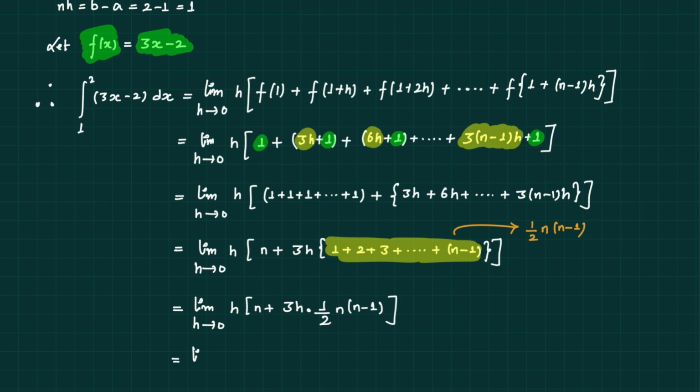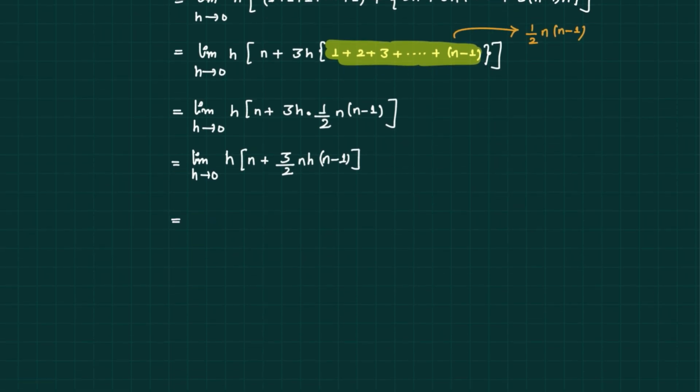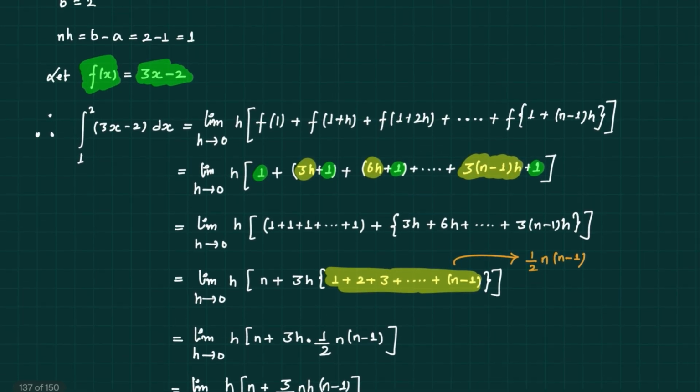So this equals limit h tends to 0 of h into n plus 3 by 2 n into h into n minus 1. Now let us multiply with h inside the bracket, then we will have limit h tends to 0 of nh plus 3 by 2 nh, and let us multiply that h inside this round bracket, then here it will be nh minus h. And since we know the value of n into h is 1 from here, let us put that value.